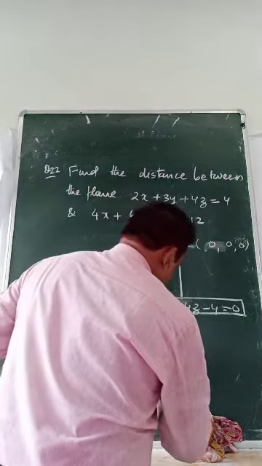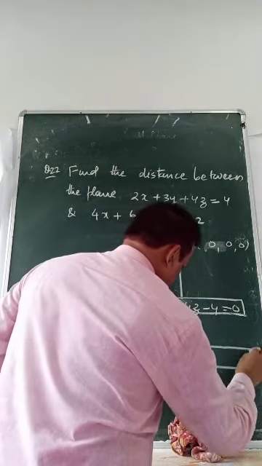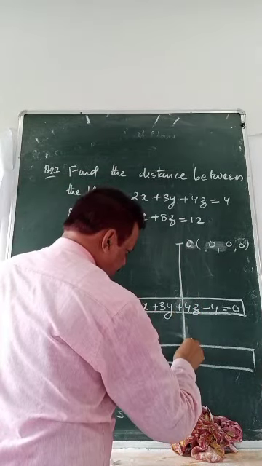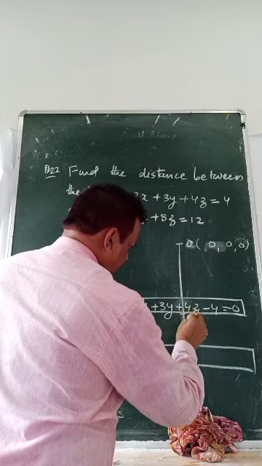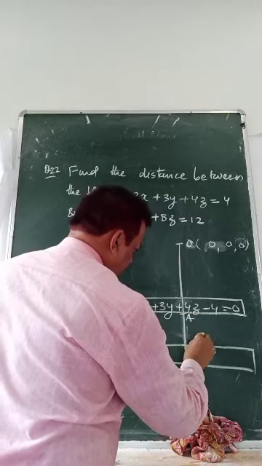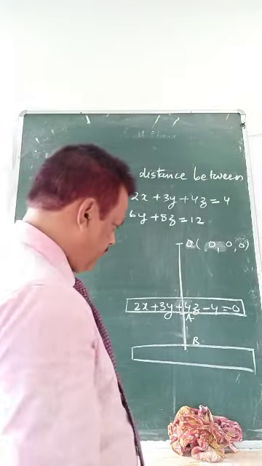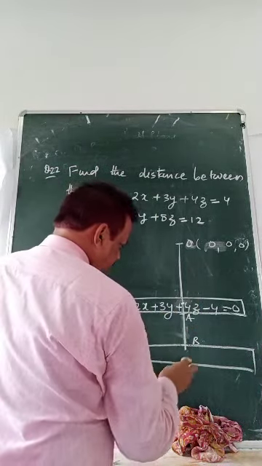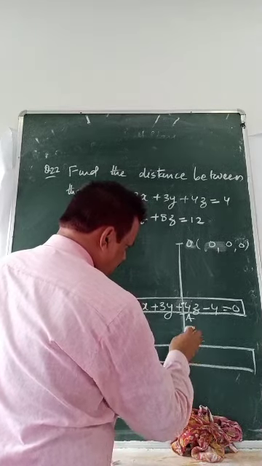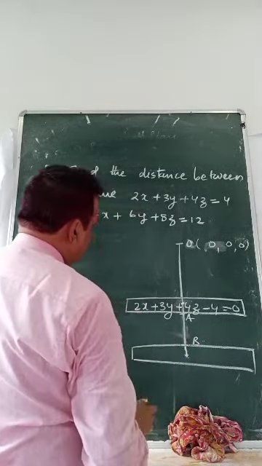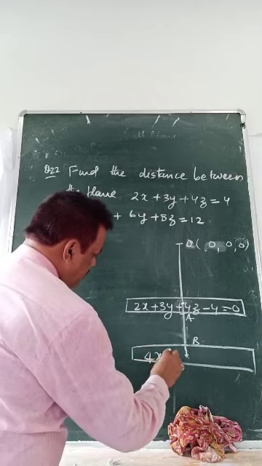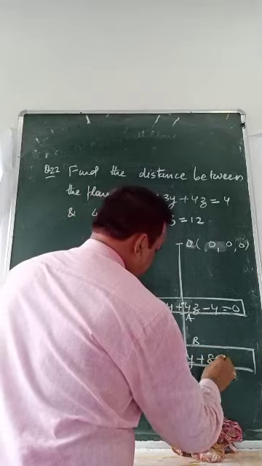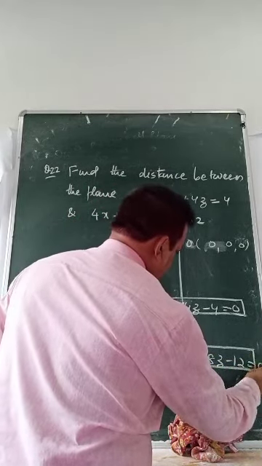There is another plane here. If I extend it, this is point A and this is point B. Now you want to find the distance AB. This plane is 4x + 6y + 8z - 12 = 0.